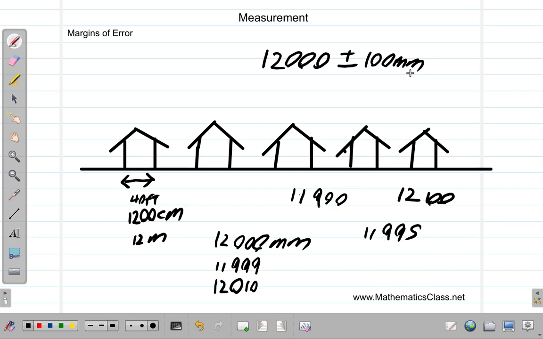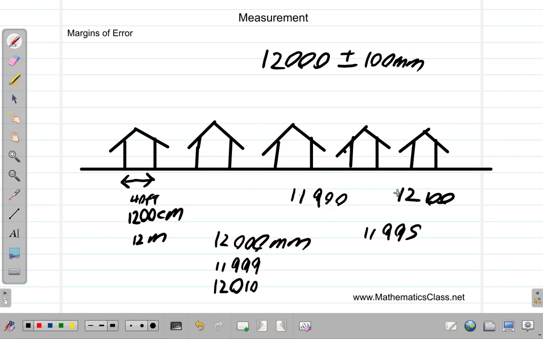If any is more than 100 millimeters smaller, then it is below 11,900 millimeters, and that wall should not be taken to the site. It's too narrow.